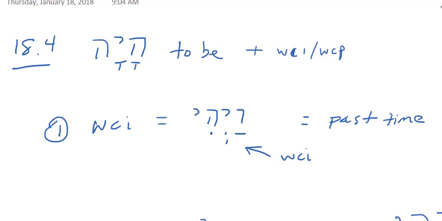So take a look here under point number 1, and I have the form Vayhi here. Do you see the Vav with the Pathak under it? Okay, this is the WCI pointing of the Vav. Normally, there would be a doubling dot in the Yod because this is a WCI 3MS form here.